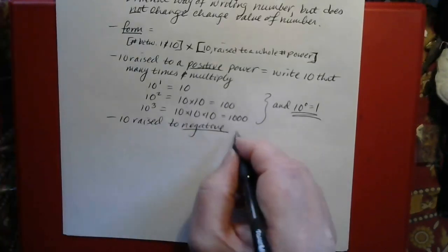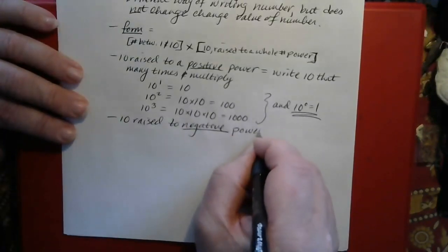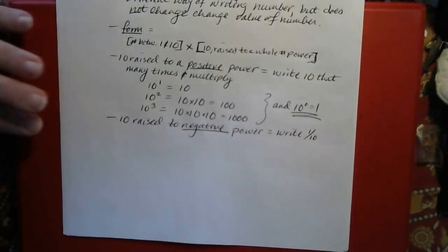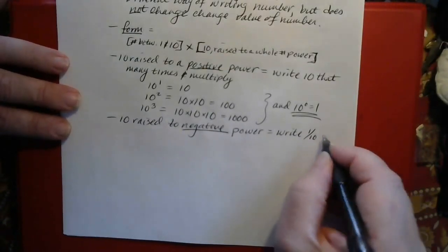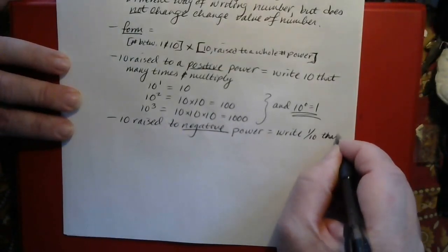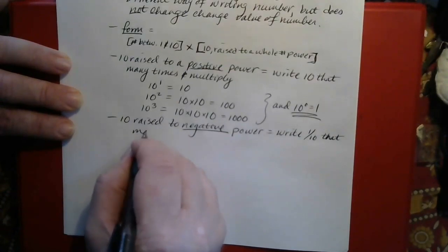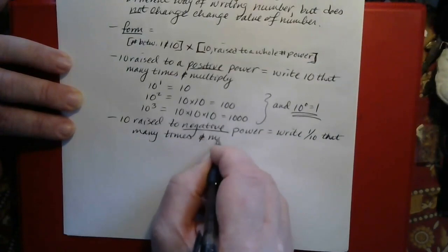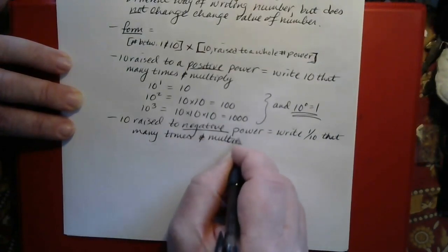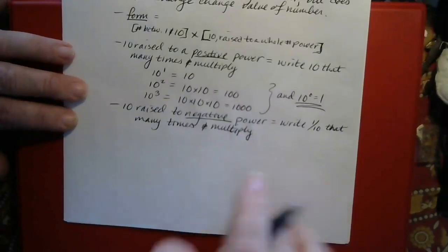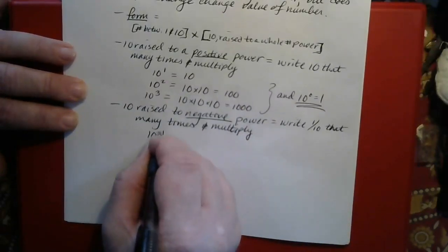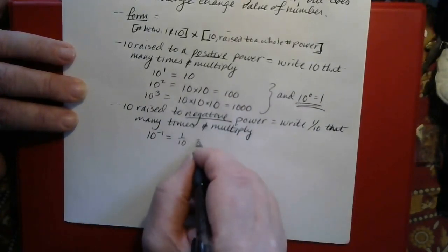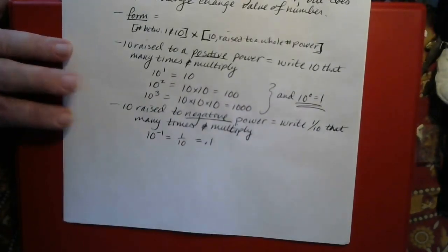If the power, on the other hand, is negative, then what you do is you write 1/10 that many times, and multiply. So if you have 10 to the minus 1, that's 1/10, or 0.1.